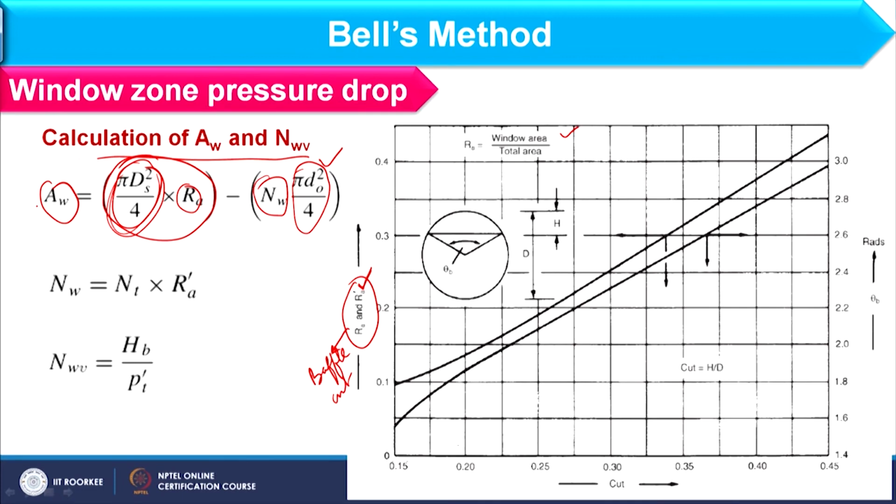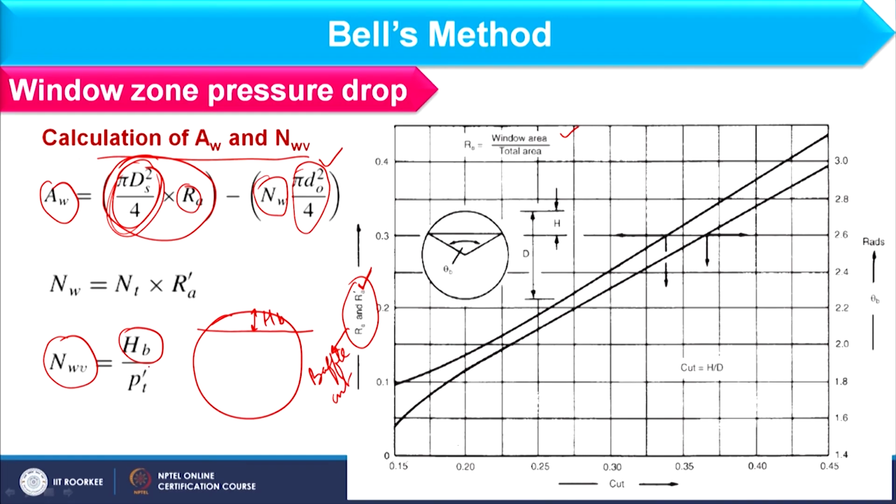Fine. Now how should I find out NWV, the number of tube rows in the window zone? If you consider HB, what is HB? HB is that section of the bundle which is available in the window zone. It is the height of that section; if I have this bundle and let us say the baffle is up to here only, this is basically HB.